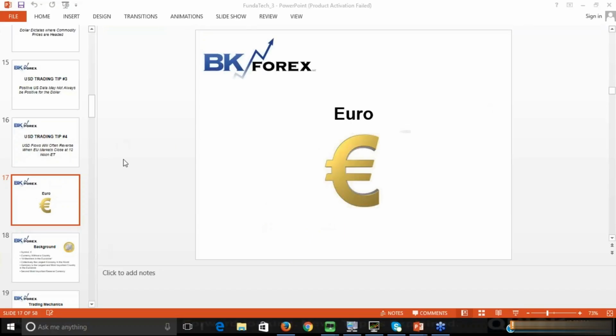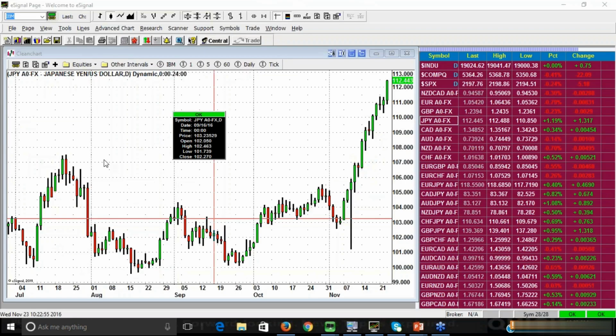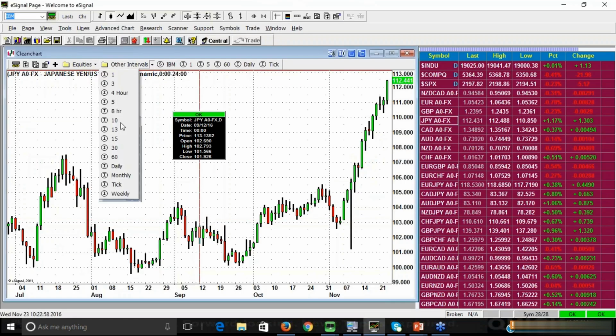Hold on one second. Let me share with you my charts. So this is a chart of dollar yen, and we'll just take a look at the 15-minute chart.